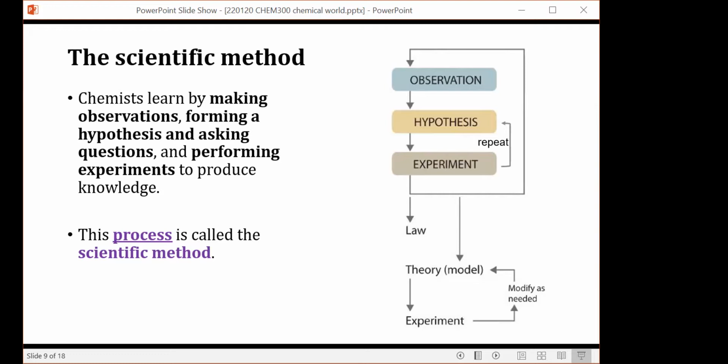One of the main things I want to emphasize with the scientific method is that it's a process. It's not a one-way street where you go from start to finish and then you're done. You'll see that there are a lot of loops in the scientific method where things need to be repeated and modified as new knowledge is gained, as new questions are asked, as new observations are made. We repeat the process over and over again.